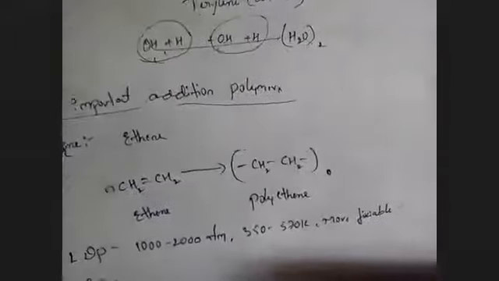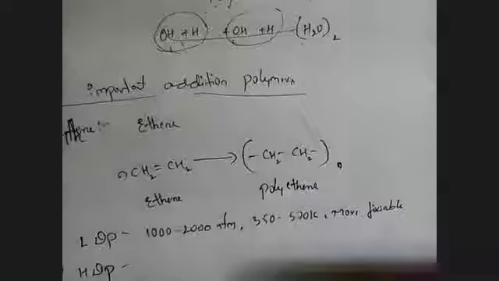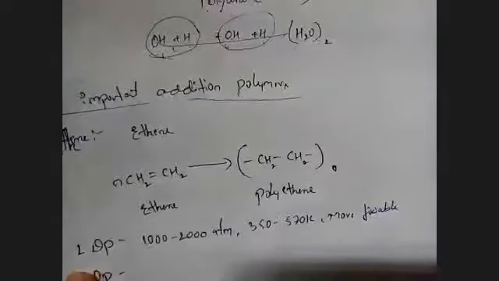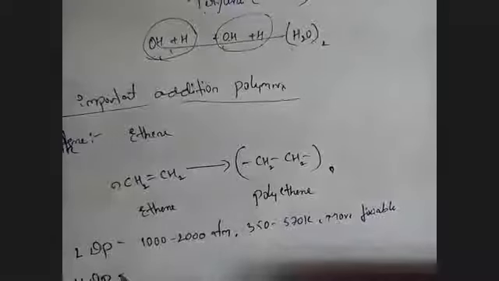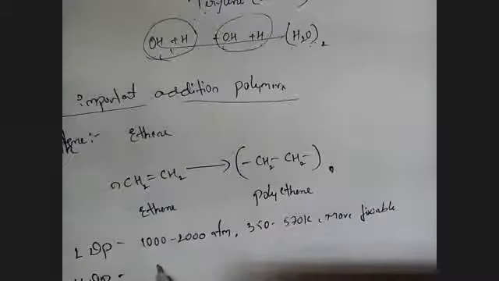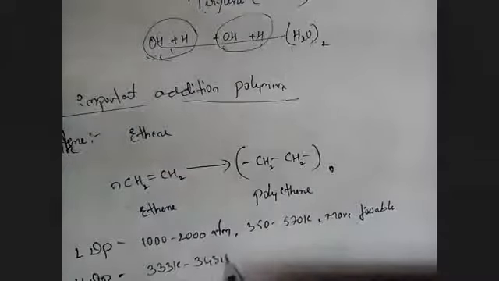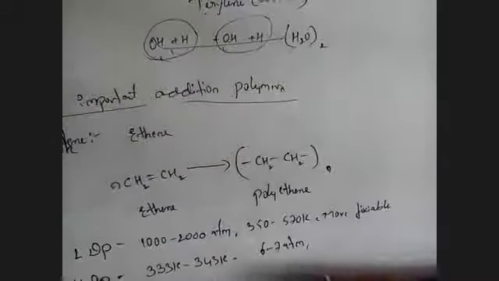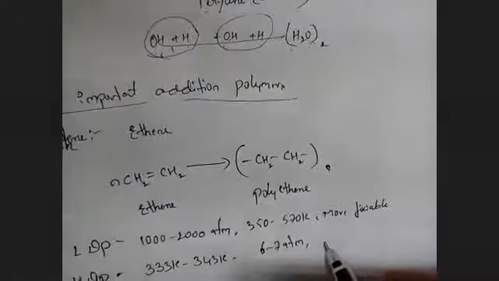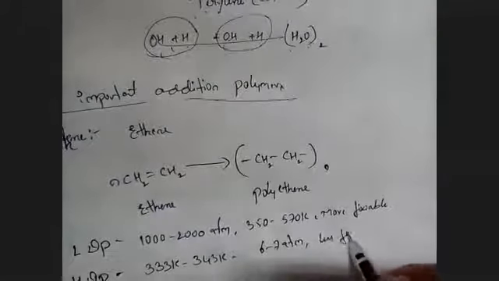In high density polythene, we have 333 Kelvin to 343 Kelvin temperature resistivity and 6 to 7 atmospheric pressure, and it has less flexibility.